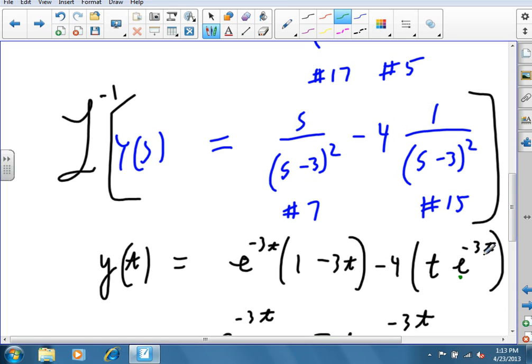Would be 1 plus 3t? No. Yes, 1 plus 3t. And this is a plus as well.